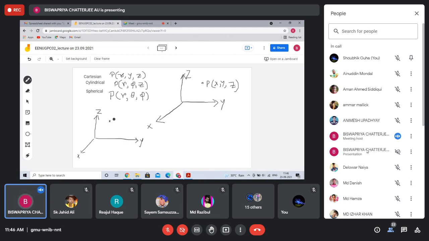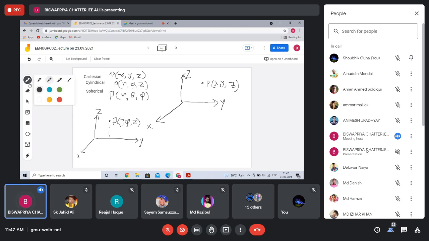If this is P, it is R phi Z. So what is R? We have projected the point P on the XY plane.